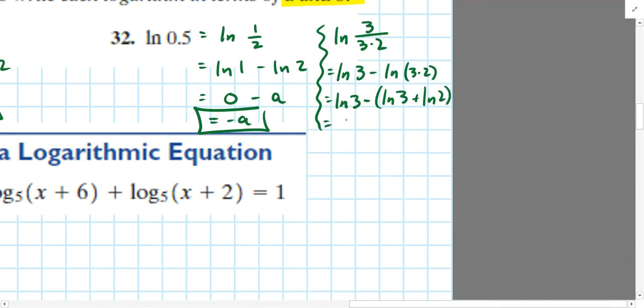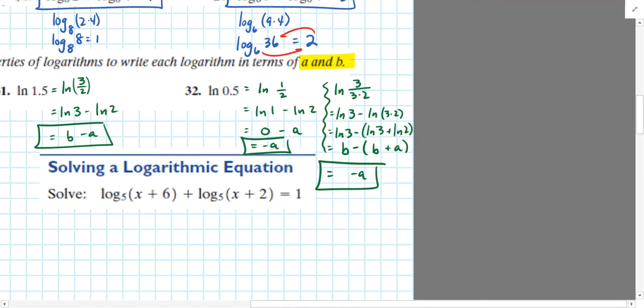And so we now have b minus b plus a. Notice the grouping symbol here had to be maintained because we were subtracting the natural log of 3 times 2, which means we're subtracting both natural log of 3 and the natural log of 2. B minus b, of course, reduces to 0, and when we're subtracting the a value, we get negative a as well. In either approach, we obtain the same result.